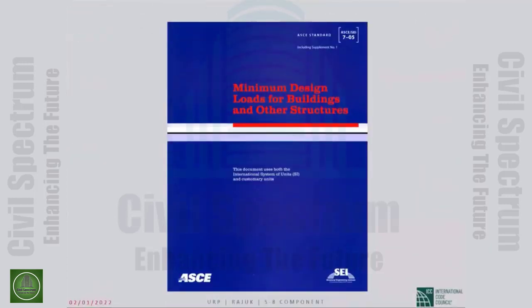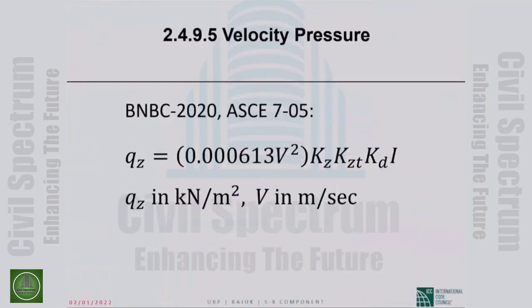essentially 1/2 rho v squared. This is from basic physics: 1/2 the density of the air multiplied by the wind velocity squared. The half the density of air in metric units, SI units, is this 0.00613.